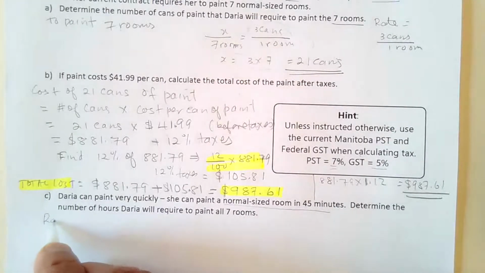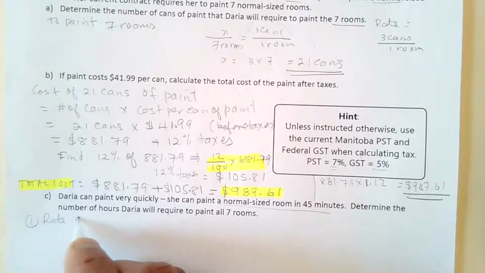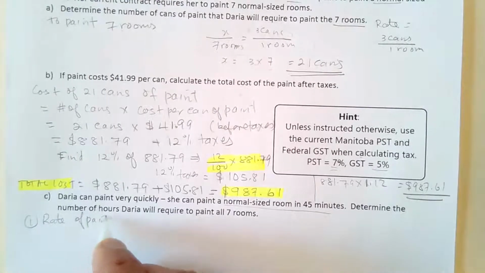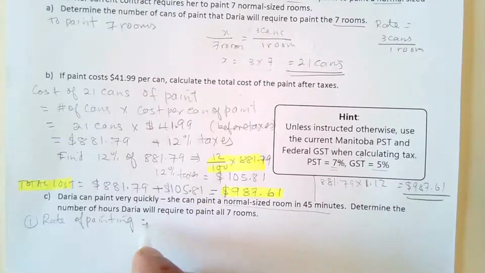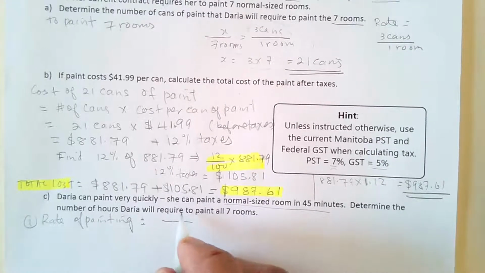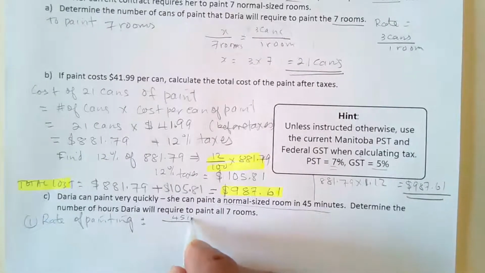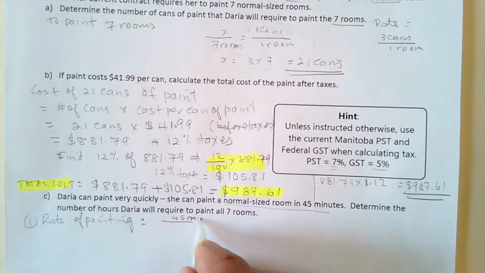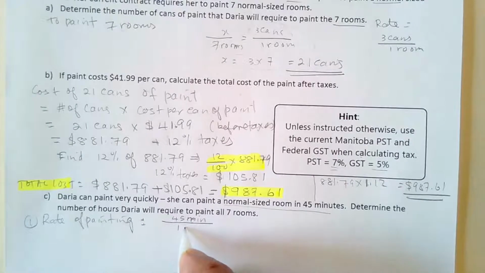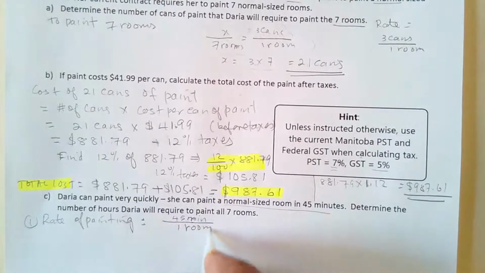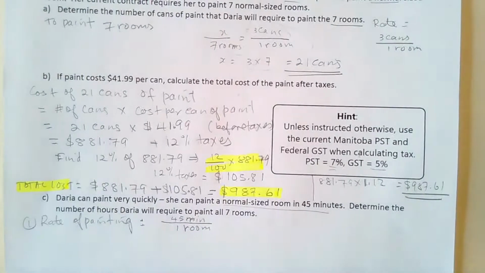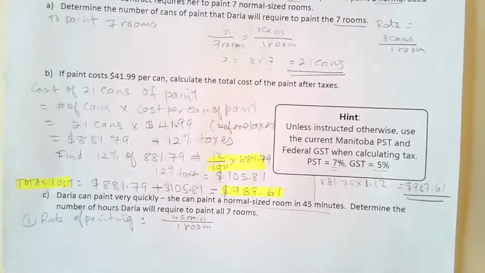So rate of painting one room. So that's our rate of painting. Right.